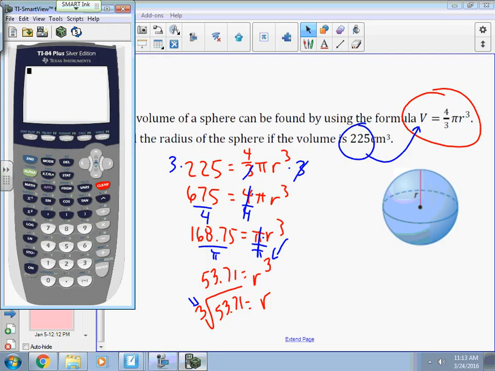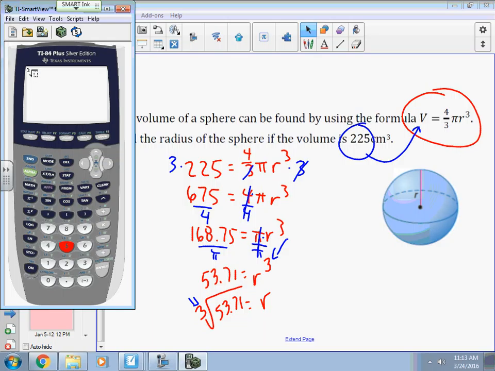If we type in the cube root, you can do any root on your calculator by hitting the root number first, 3. Find where it says x square root. On this calculator, that's in the math menu. If you go to math, number 5 says x square root, and that will insert that number for the index of the root.